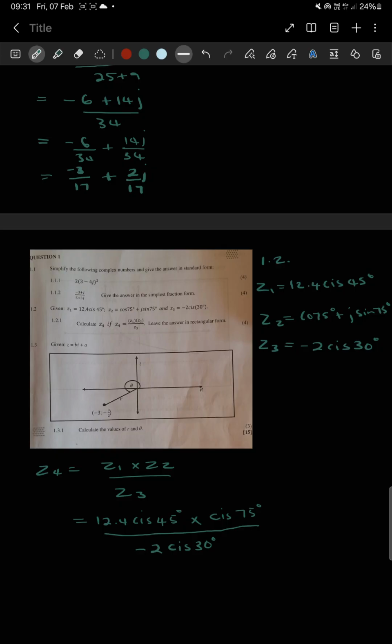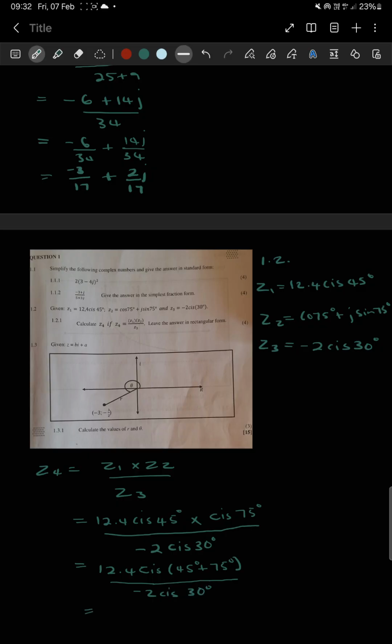So we're going to start on top. We multiply 12,4 times 1, that's 12,4. Then cis 45 degrees plus 75 degrees, over negative 2 cis 30 degrees.